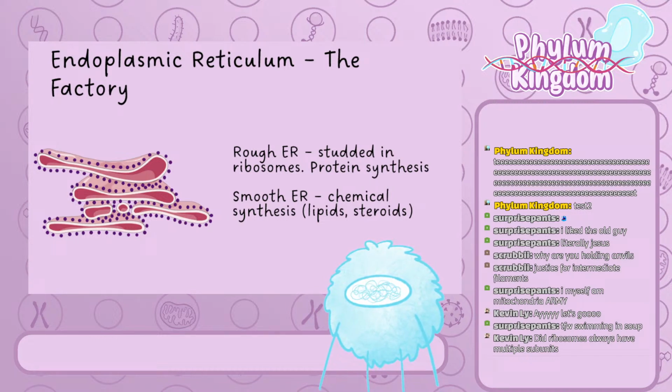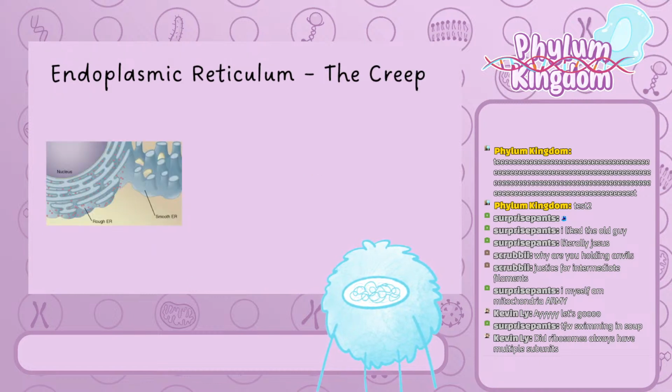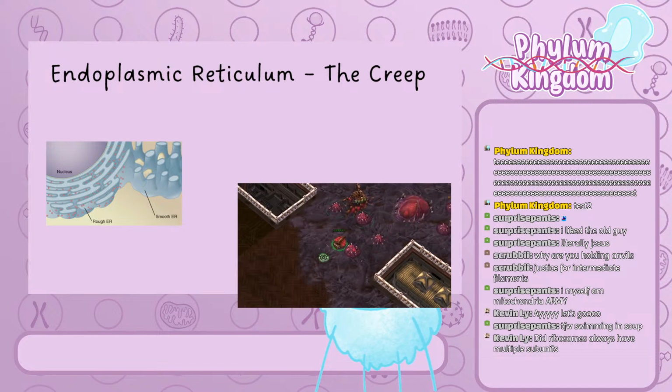But I asked some of my fellow T and B cells, fellow immune cells, and they actually turned me on to a function of the ER that I hadn't ever heard of before. And that is the fact that the ER is a lot like creep, if you've ever played StarCraft. So what do I mean by that?